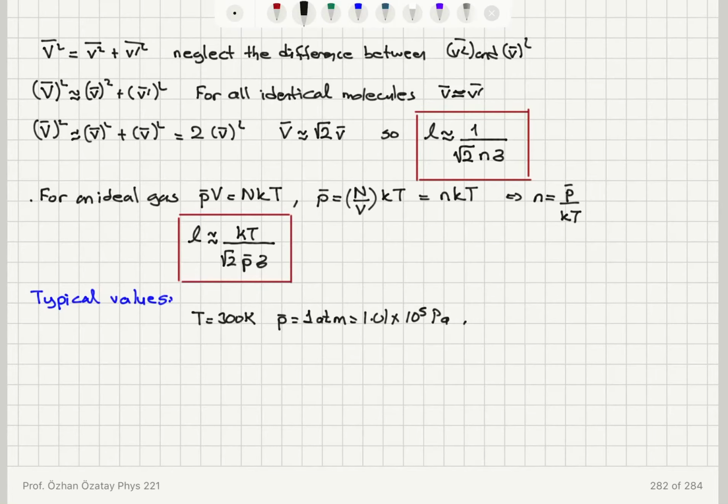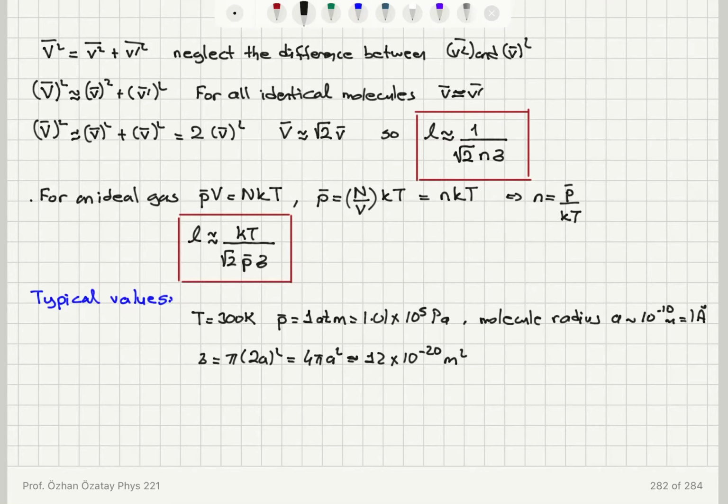We have a molecule radius of about 1 angstrom, 10 to minus 10 meters, which is 2 Bohr radii. The total scattering cross section sigma will then be pi times (2a) squared for identical molecules, 4 pi a squared, which is roughly 12 times 10 to minus 20 square meters.